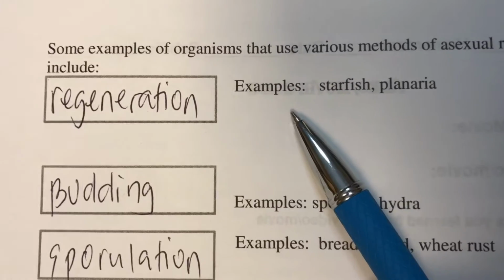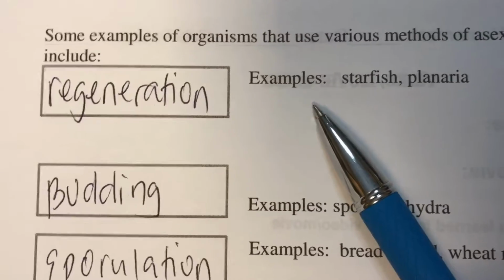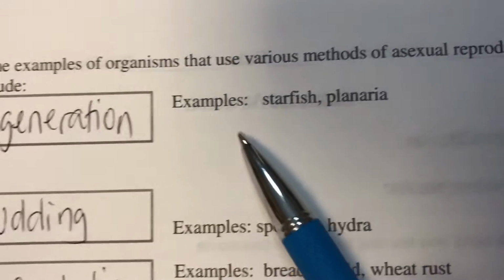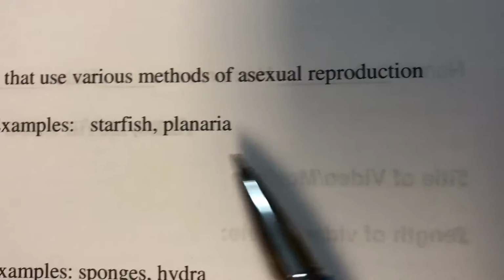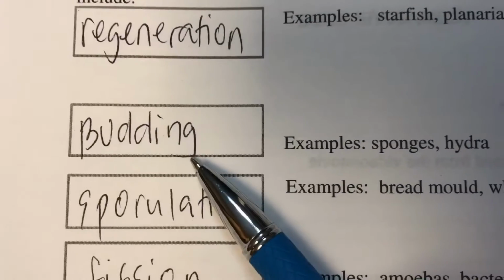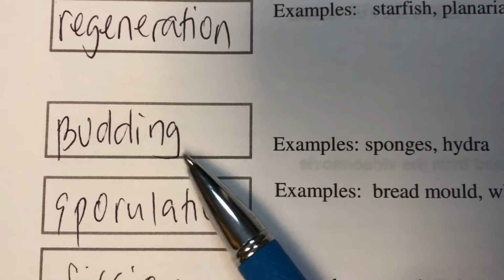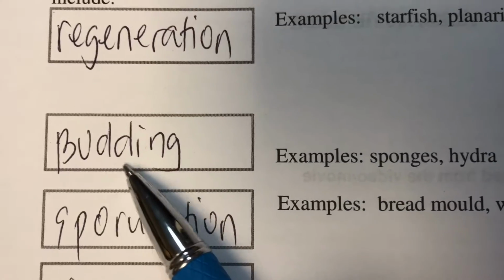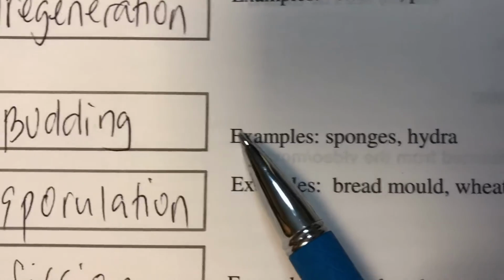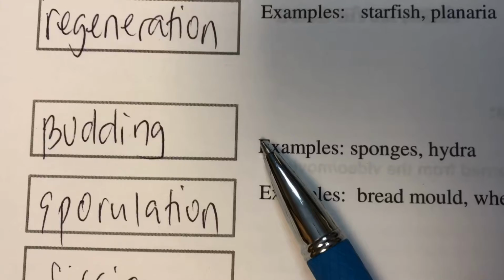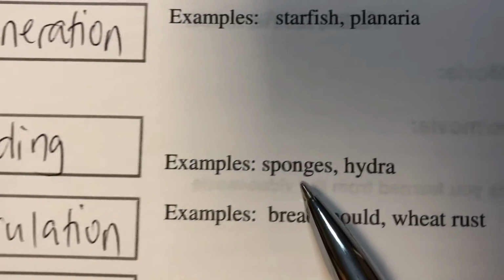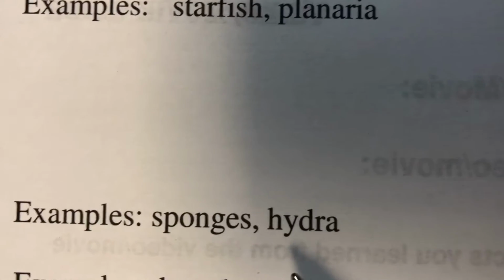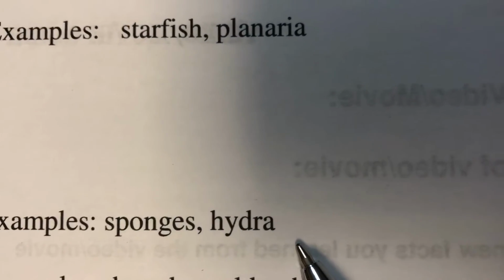Examples of organisms that go for regeneration would be starfish, planaria. Now the second box, budding. B-U-D-D-I-N-G, budding. Examples of organisms that reproduce this way would be sponges, hydra.